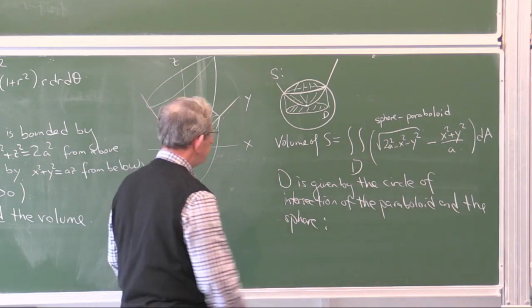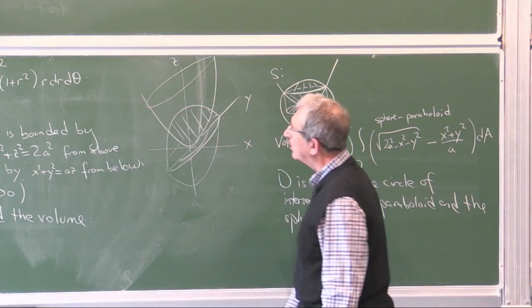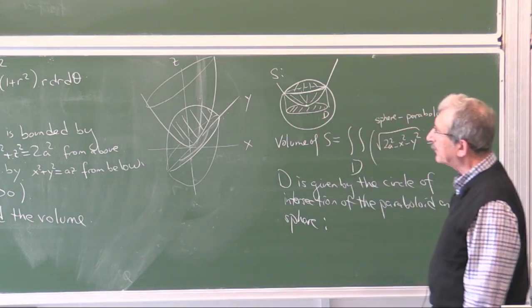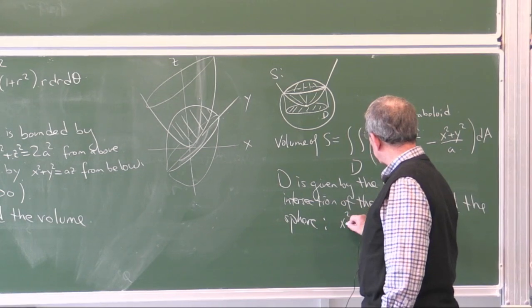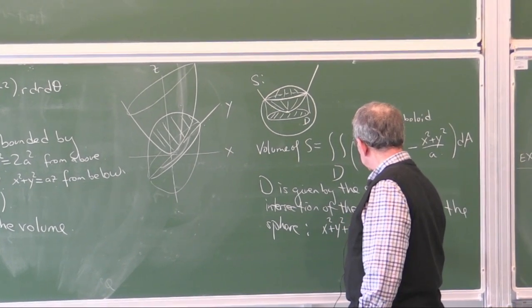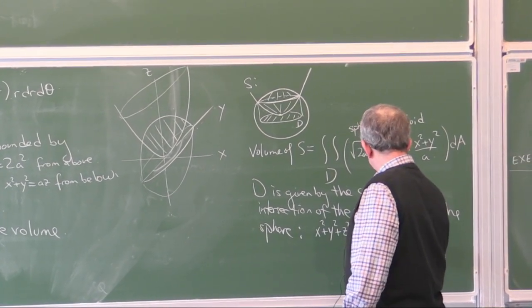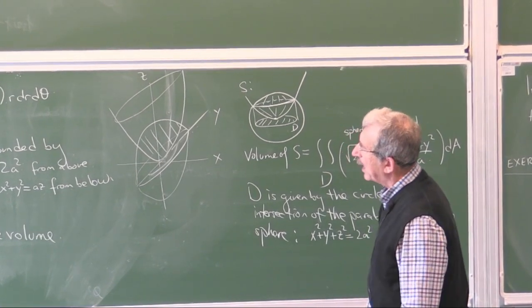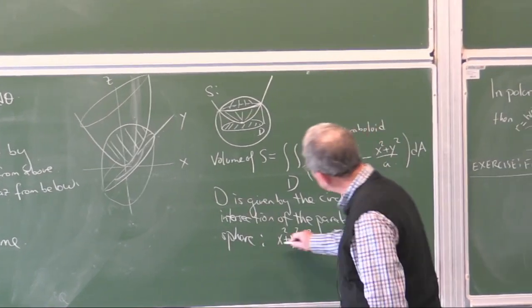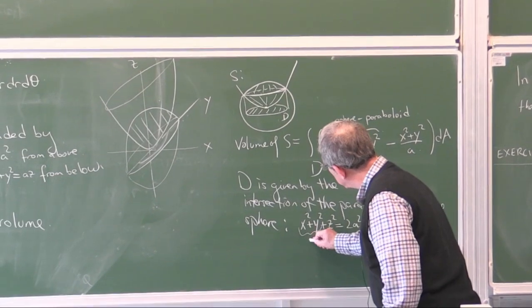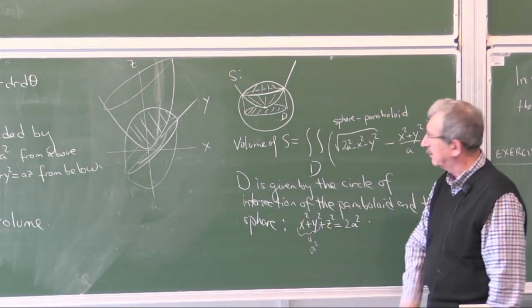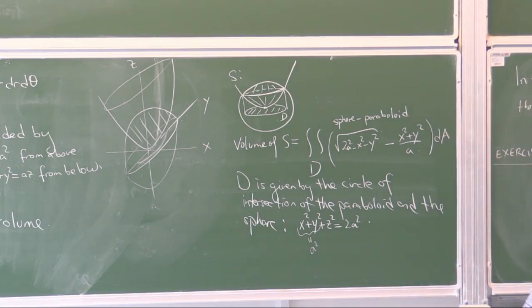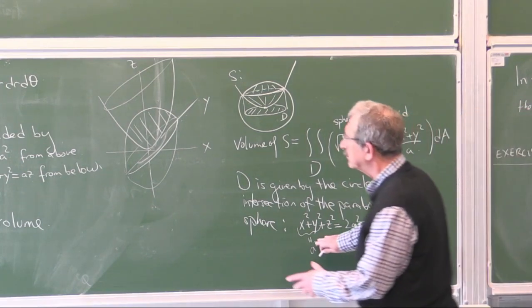So, let us equate the two. Namely, we have x squared plus y squared plus z squared equals 2a squared. This is the sphere. And x squared plus y squared equals az.